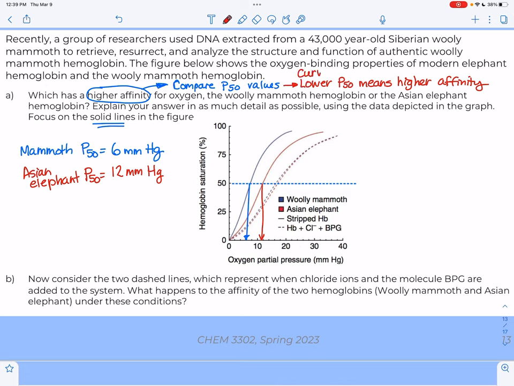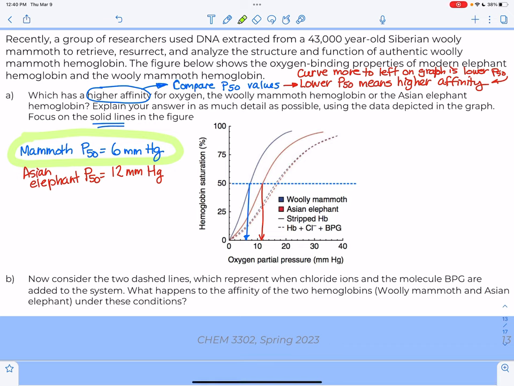So a curve more to the left on the graph is a lower P50 and higher affinity. So if we're talking about who wins the affinity for oxygen competition, that is going to be the woolly mammoth.